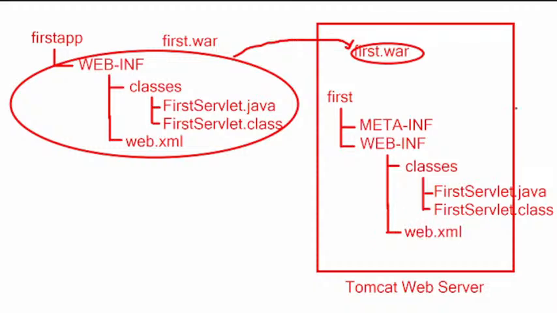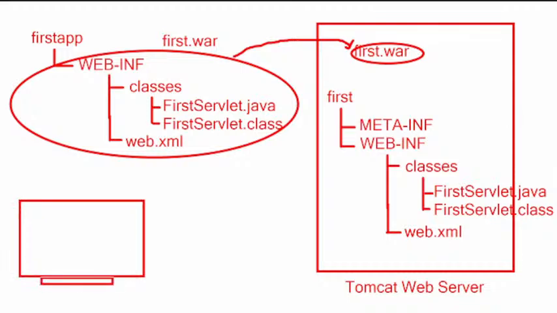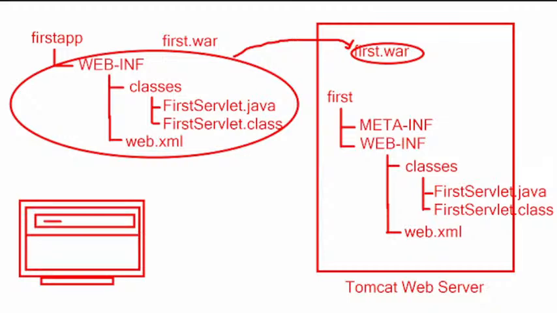Now from the browser window, here it is the web client. Here I typed HTTP first, my browser communicating with the server. The server is on the same computer. Which server? Tomcat.